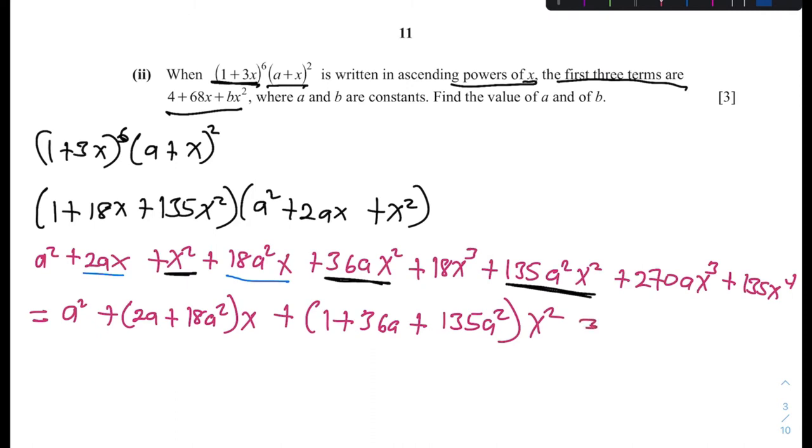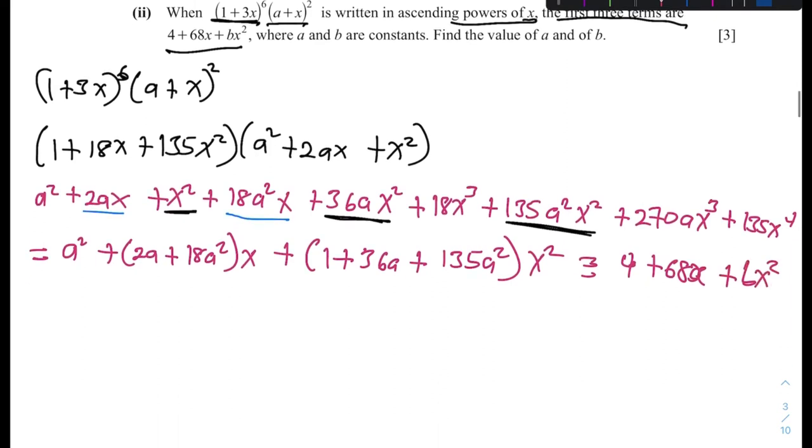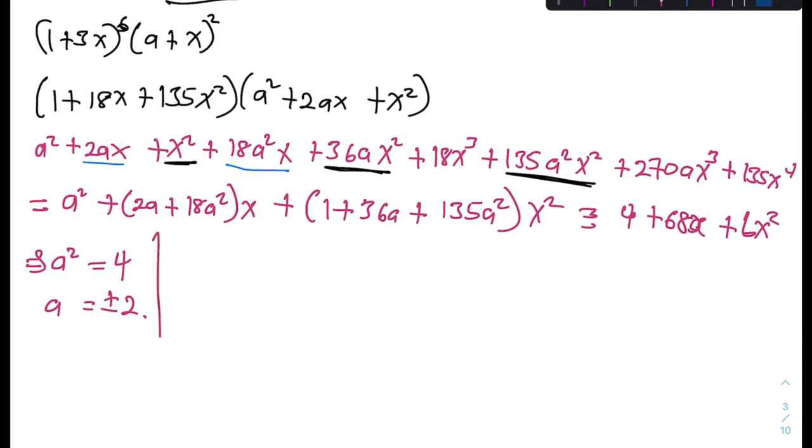So we can just compare it and then work with it. So we can say that our constant a² is 4. That makes a plus or minus 2. But hold on, we will determine what a really is later on.